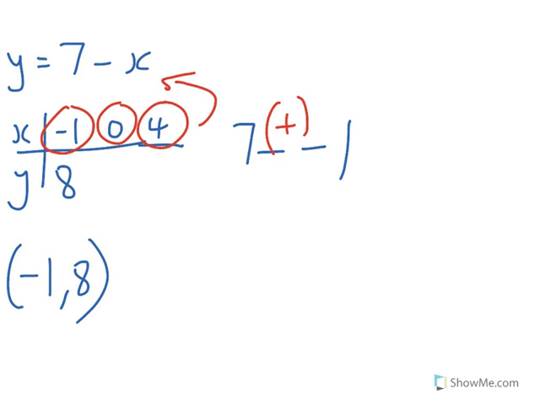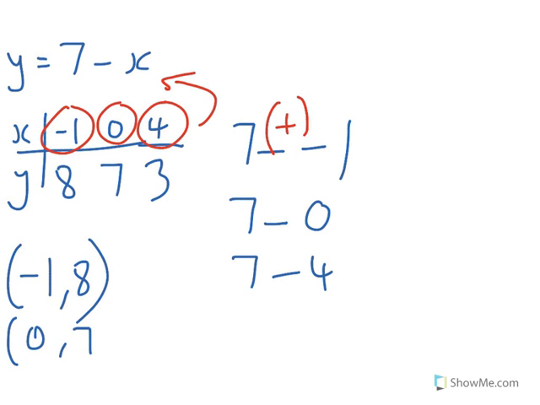So this time it will be 7 minus 0, which is 7. And the last one, we're substituting in 4, so it's 7 minus 4, which is 3. So our coordinates are -1, 8, 0, 7, and 4, 3.